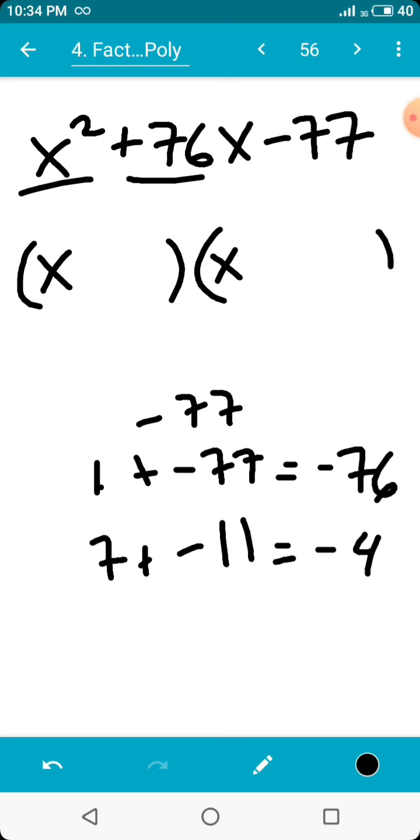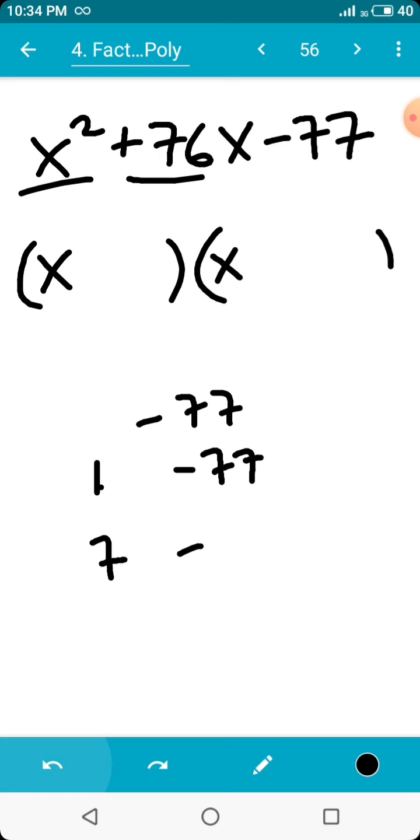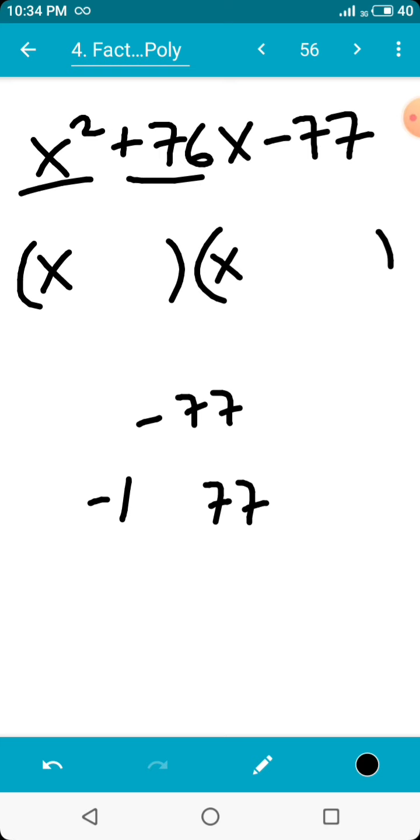Pero, pwede natin gawan ng paraan yung 1 at saka negative 77 na kapag tinimes natin, negative 77 pa rin yung lalabas. So, we can try na gawing negative yung 1 and positive yung 77. Kasi pag tinimes mo naman yan, negative 77 pa rin. Okay? So, pag kinumbine natin yung factors na yan, ang magiging sagot ay positive 76.